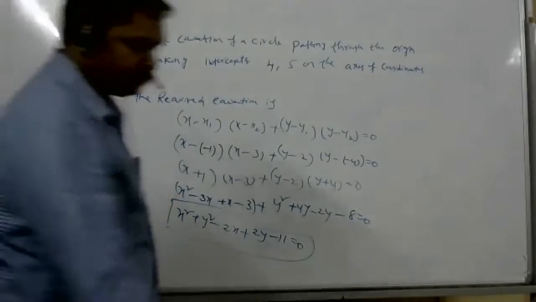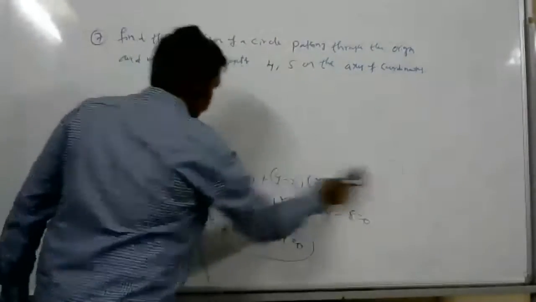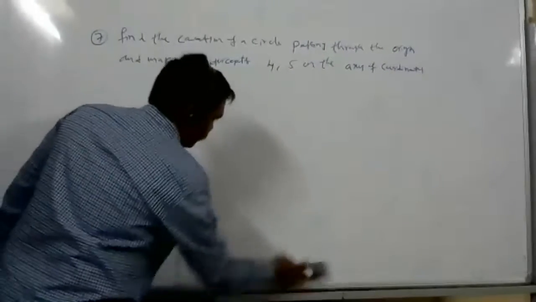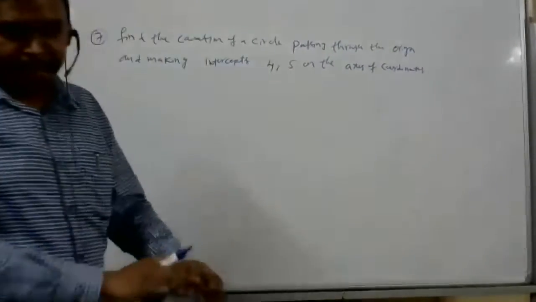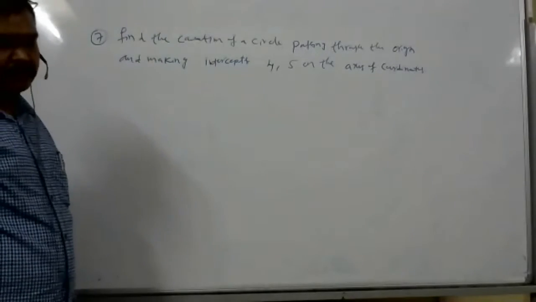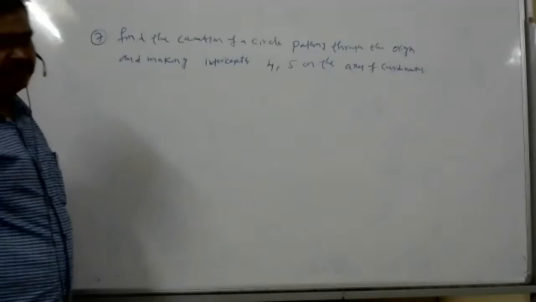Over here, we will get two equations, right? Equation of circle passing through the origin.